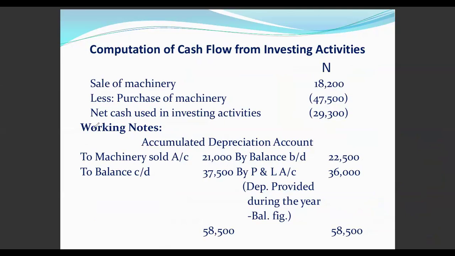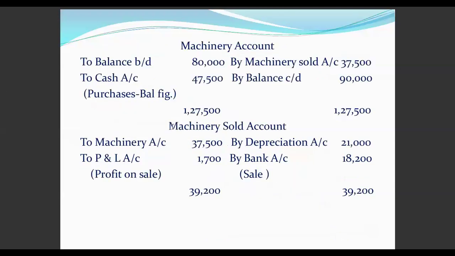We have closing balance of machinery which is sold and they find out the cost. So let me just go to the machinery account which we work out. We have opening balance 80,000, closing balance 90,000. We have sold the machinery of 37,500 and whatever the balancing figure which is available is called purchase. So this is transaction number one.